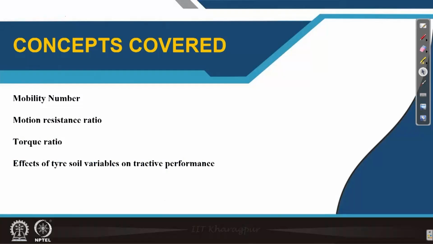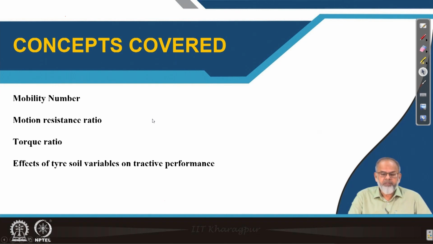A set of equations I discussed in my lecture 18. Now, I will develop the most commonly used equations, which have been developed by Brixius. There are plenty of equations available, but these two, Wismer and Luth and Brixius equations, are the most commonly used ones.